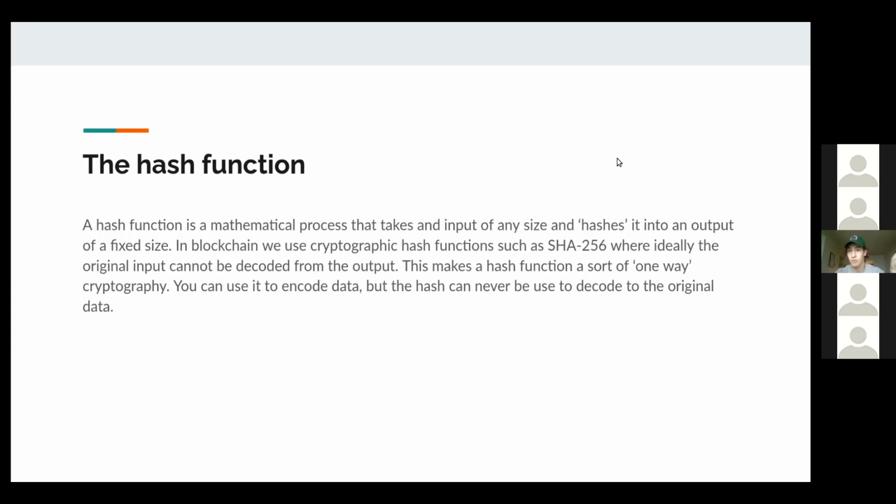So the first type we're going to look at is one you've already heard of, and is one that is used all across blockchain. It's not strictly speaking encryption because we can't actually decrypt it. So the hash function is a process where we take our input and then we hash it using a mathematical process. The process that Bitcoin uses is called SHA-256.